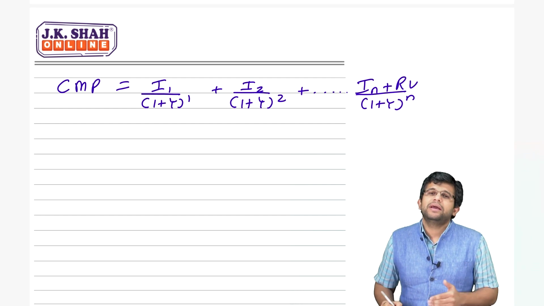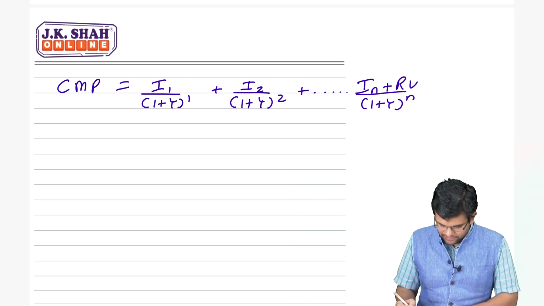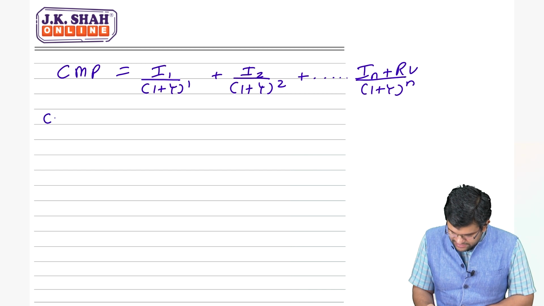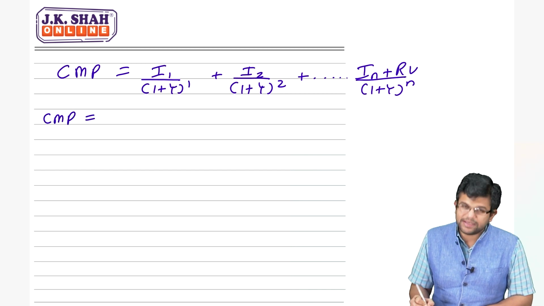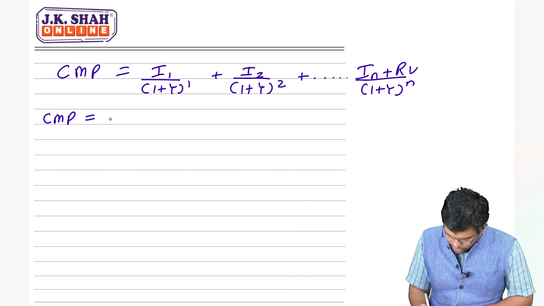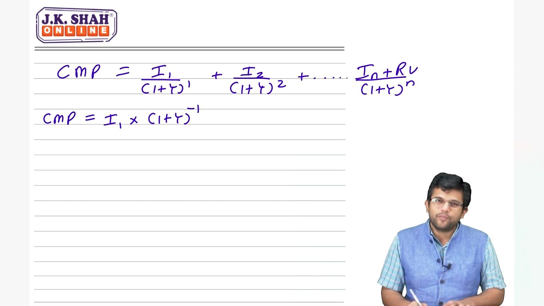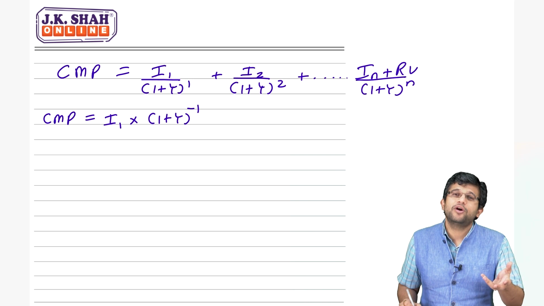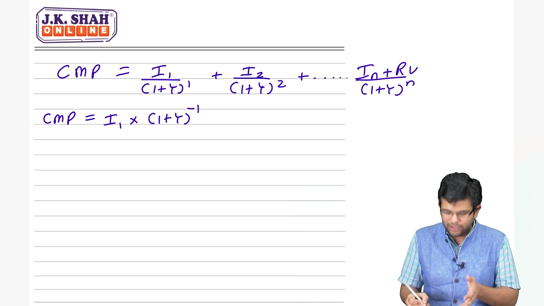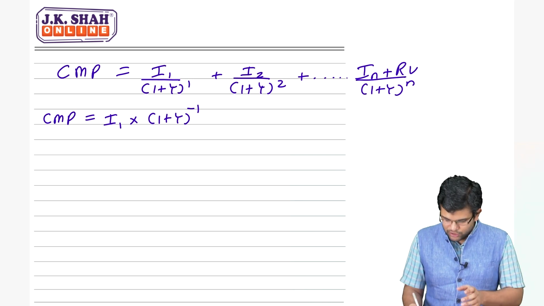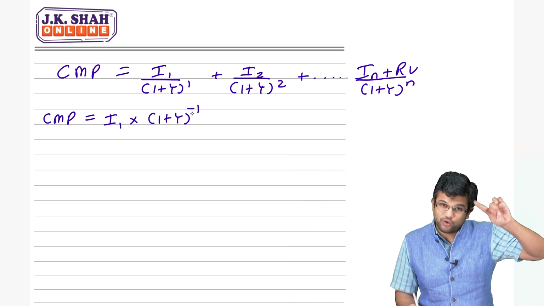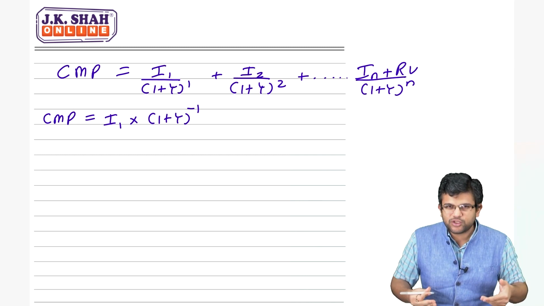Now children, I'm pretty sure you know mathematics and therefore you should understand this: current market price is equal to I1 into 1 plus y raised to minus 1. Children, I hope you understand all this. This was taught to you in your maths, in your childhood, indices and all. Don't expect me to teach you all this. When there is something raised to minus 1, it means it has to be taken in the denominator.